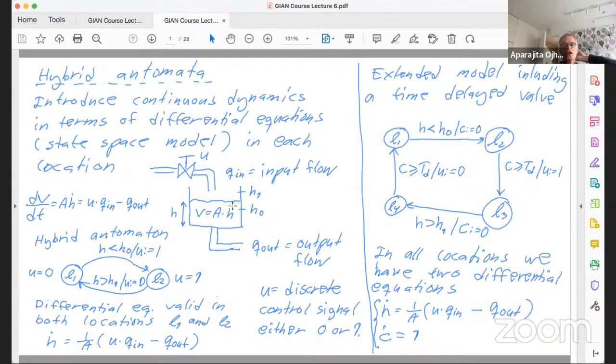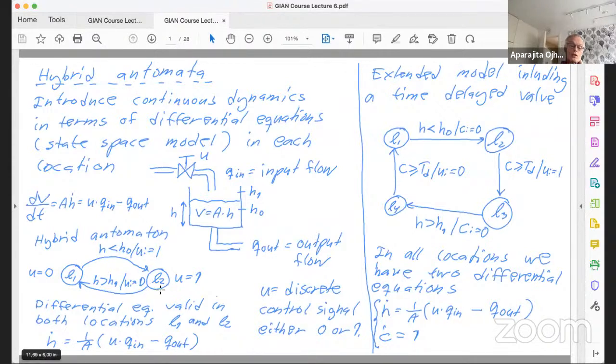And in this case, the continuous variable is the height of the tank. So when the height of the tank is below H0, then I open the valve and I go to this state, and then I get an input flow, and we expect that the height will increase. But then when it gets up to H1, you close the valve and you're in this state again.